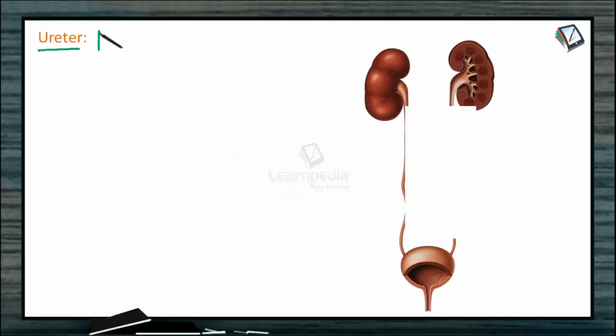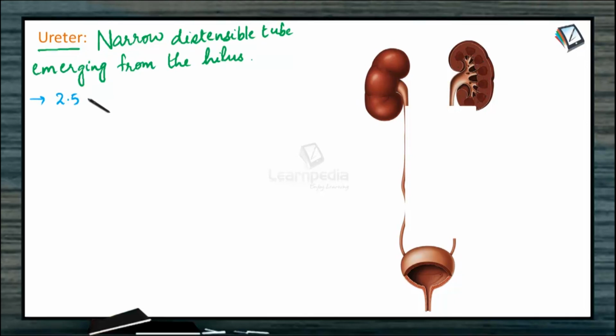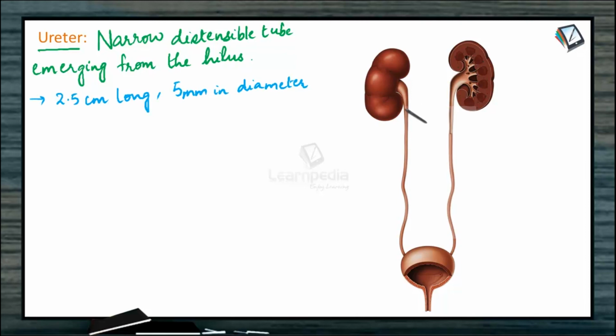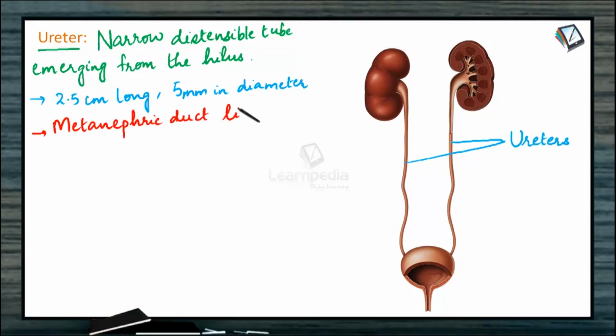Ureter. The ureter is a narrow, distensible tube emerging from the hilum of the kidney. It is about 25 centimeters long and 5 millimeters in diameter. It is basically a metanephric duct which is lined with transitional epithelium.